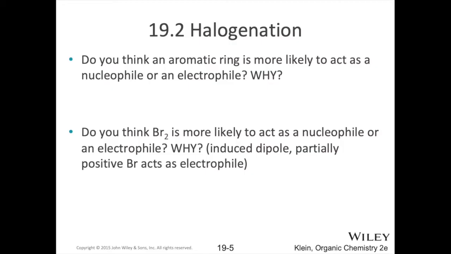All right, so basically that ring is going to act as a nucleophile, right? So you have things that are going to attack that benzene that are going to be electrophilic. They're going to seek out that extra electron density on your benzene ring, hence electrophilic aromatic substitution.